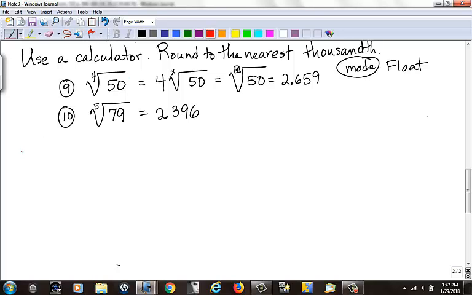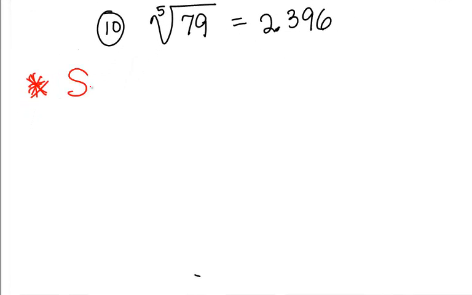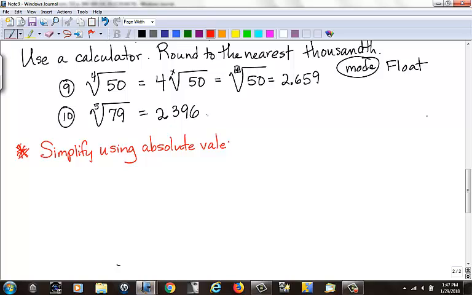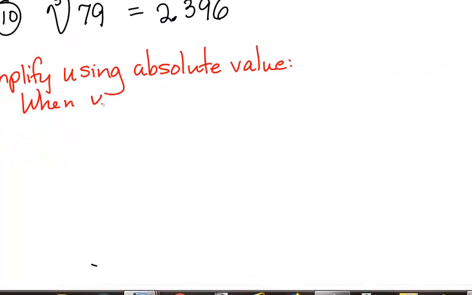This part you need to star. Simplify using absolute value. And you find an even root. So that'd be like a square root, 4th root, 6th root, 8th root.